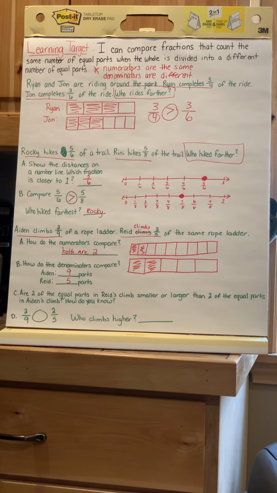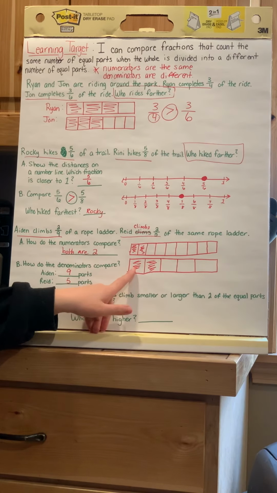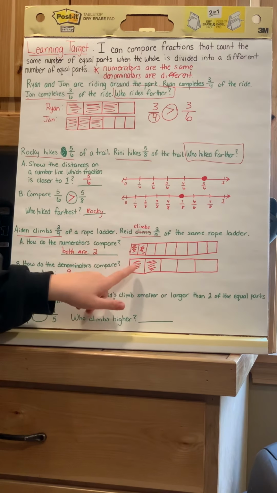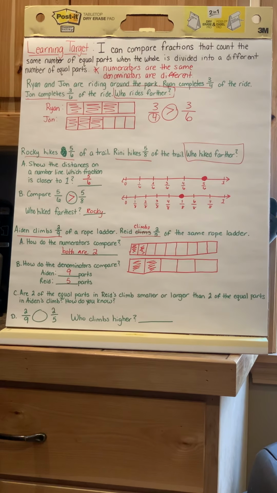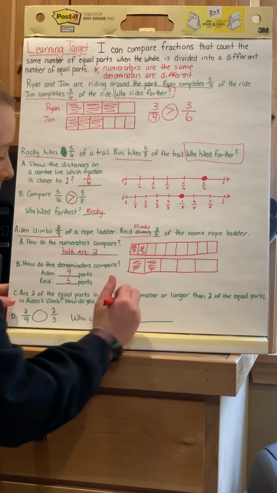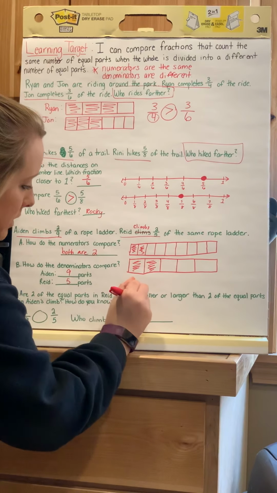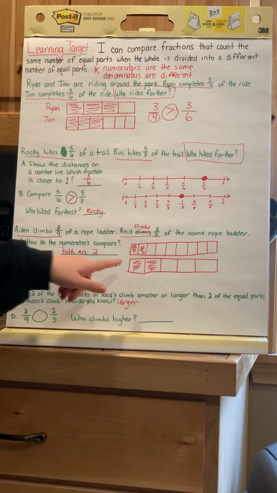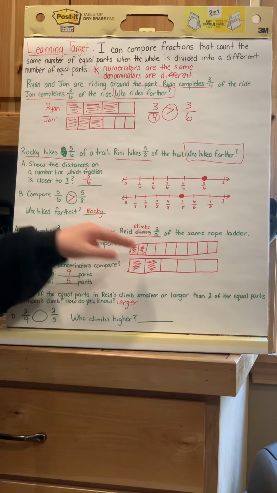So, are 2 of the equal parts in Reed's climb smaller or larger than the 2 equal parts in Aiden's climb? So here is Reed's climb. Here is Aiden's climb. Are my 2 equal parts down here bigger than my 2 equal parts up here? They're larger. Reed's 2 equal parts are larger than Aiden's 2 equal parts.